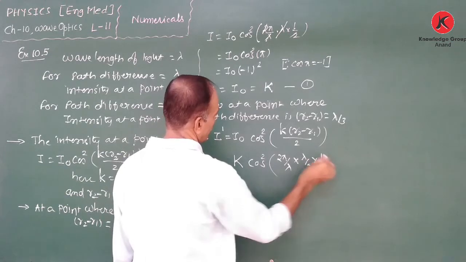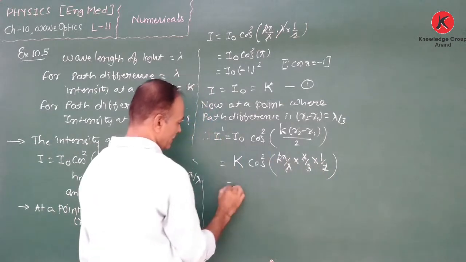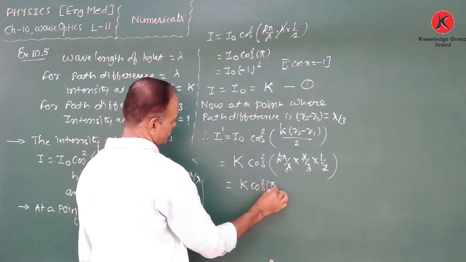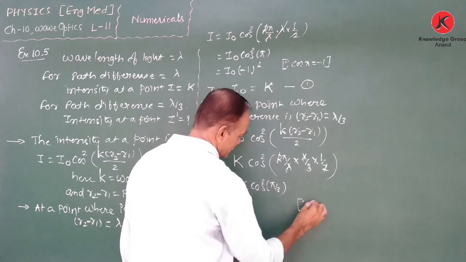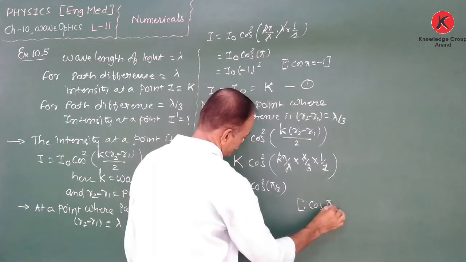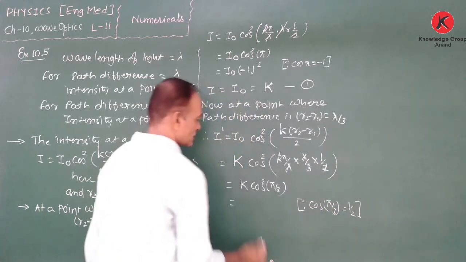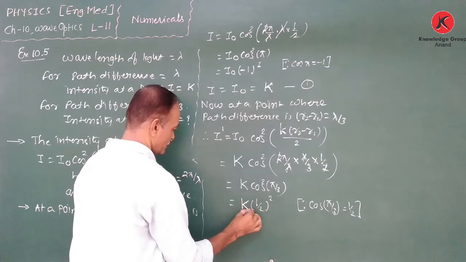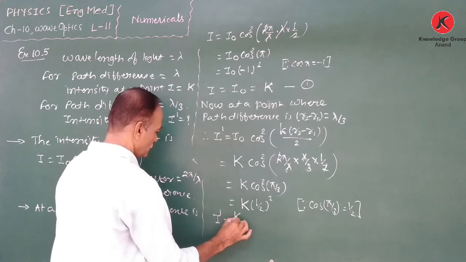Therefore 2 and lambda cancel, so K cos square pi by 3. Now we know that cos pi by 3 is 1 by 2. Therefore K into 1 by 2 whole square. Therefore the intensity at that point is K by 4.